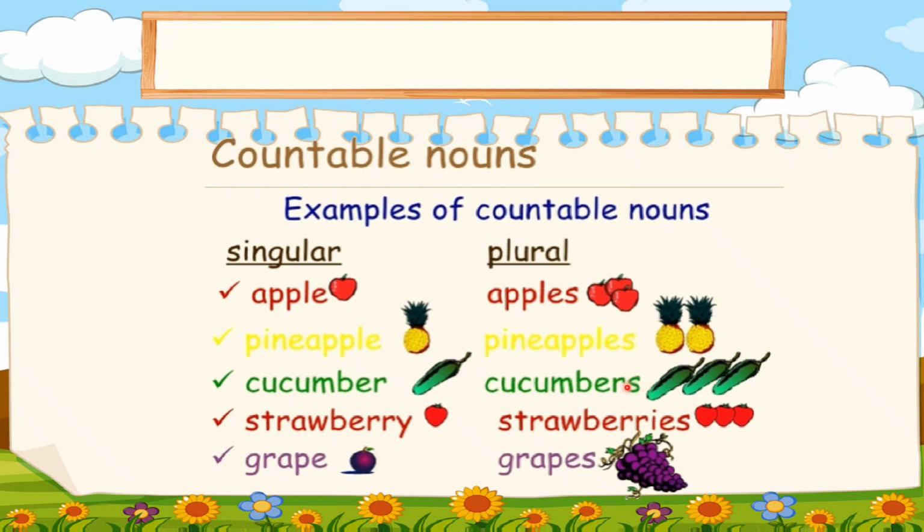Sometimes we can just add s, because last time we talked about singular and plural nouns, right? And how to make them plural. This one, strawberry. This one, strawberries. Since this word ends with y, we change it into i and then add es. So grape, grapes.